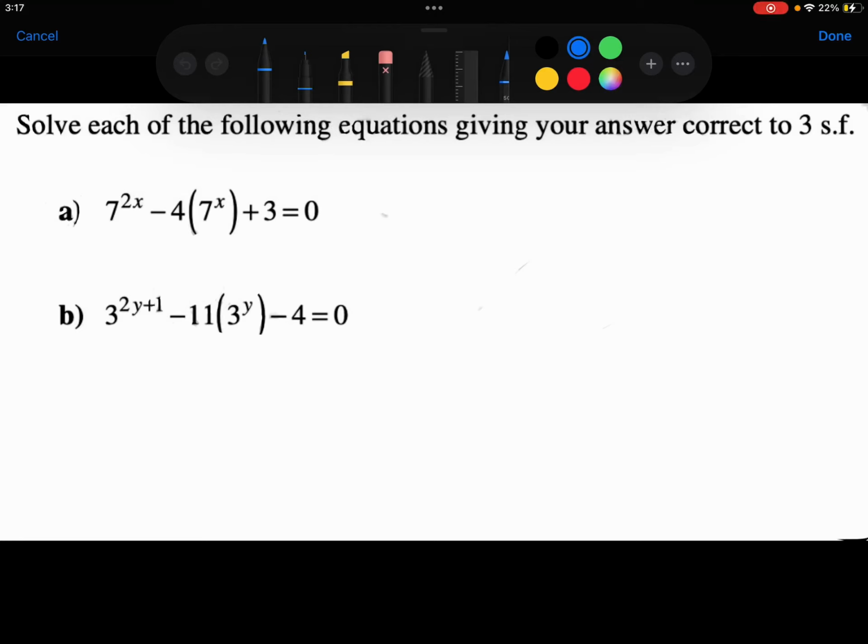Part A, I'm going to make a substitution here because I can see that this is a quadratic involving 7 to the power x. So I'm going to say let t equals 7 to the power x, because that way t squared would be 7 to the power 2x.